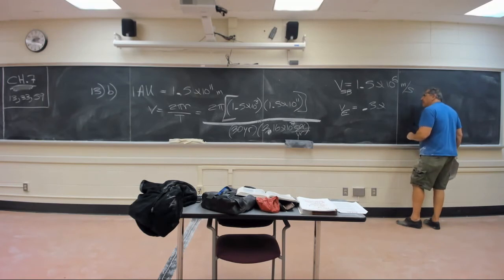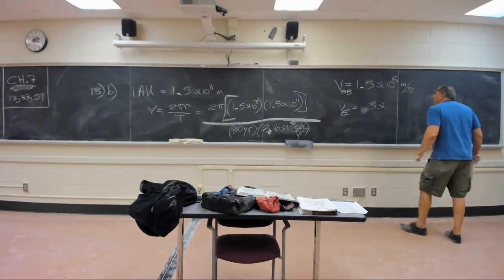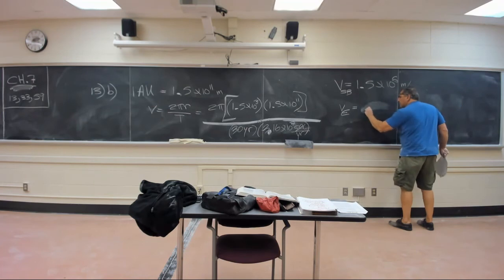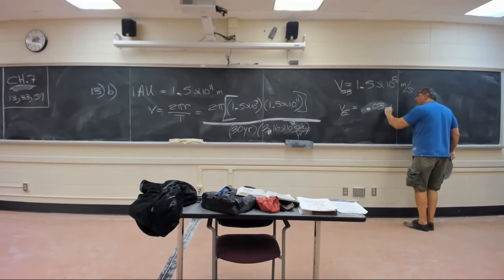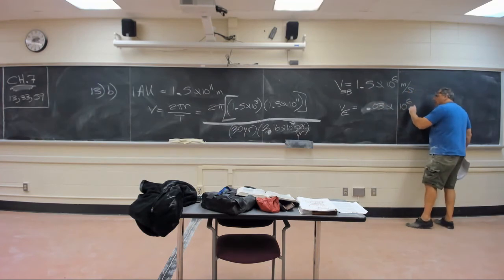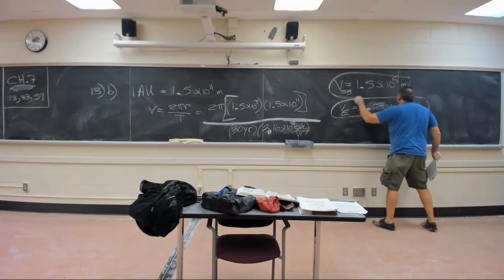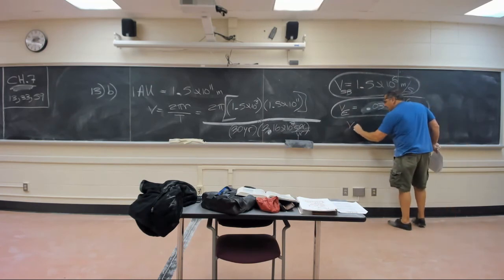So if you multiply that by 50, 0.03, right? Right. 0.03. That's this guy. This VE.